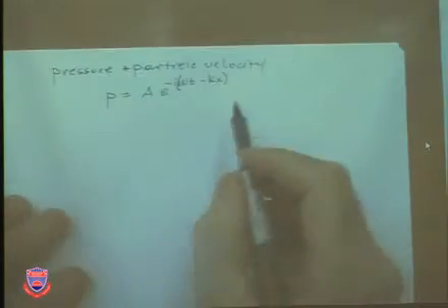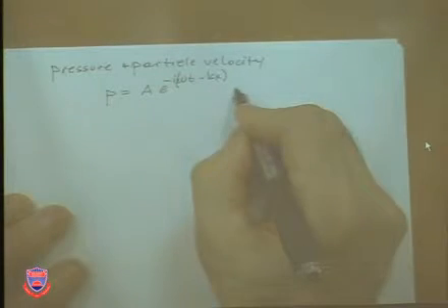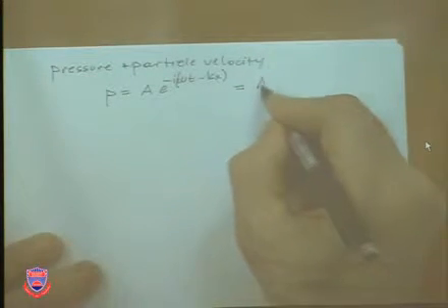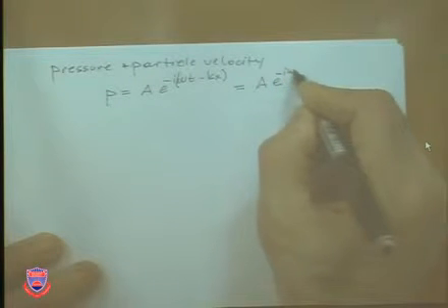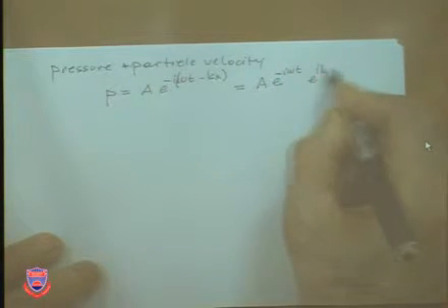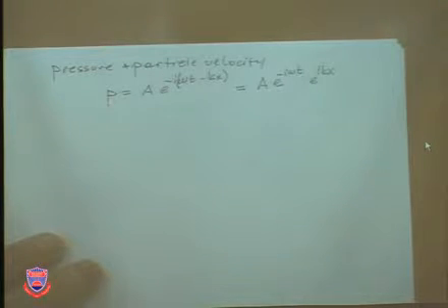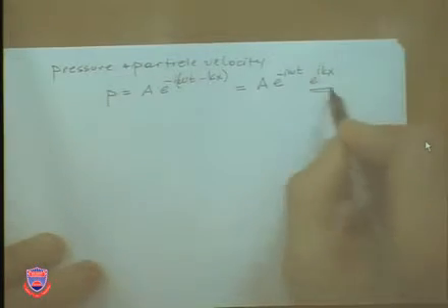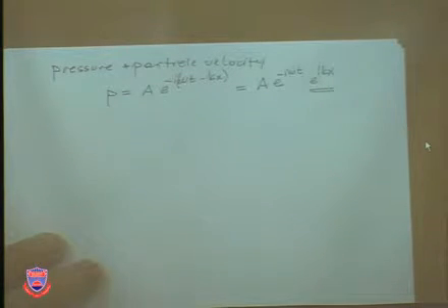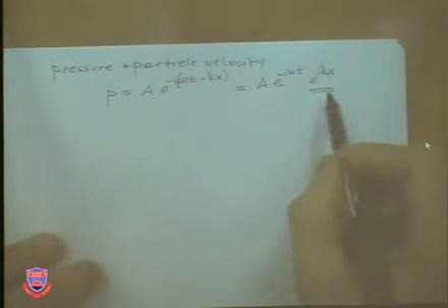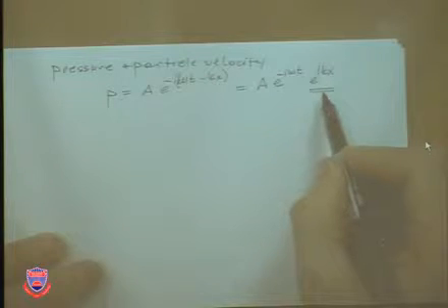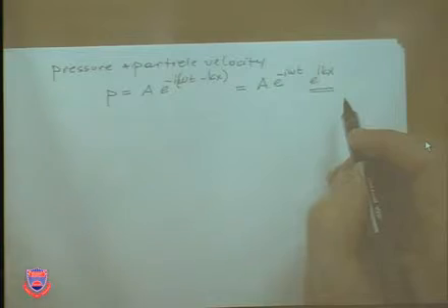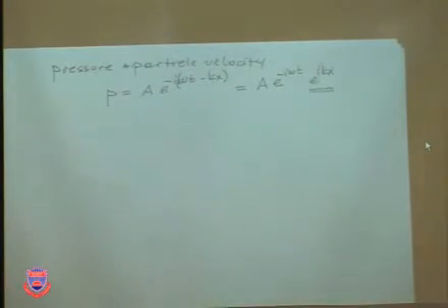actually, let me take this opportunity and express a couple of things here. This same expression can be written as this, correct? And what we have here is a periodic change with x. Its real part is cosine kx. So it's a change in space.